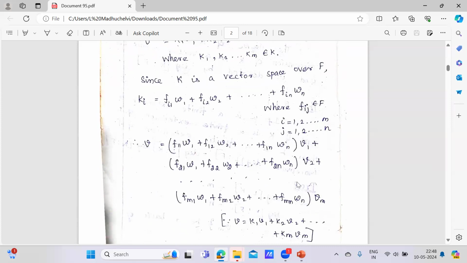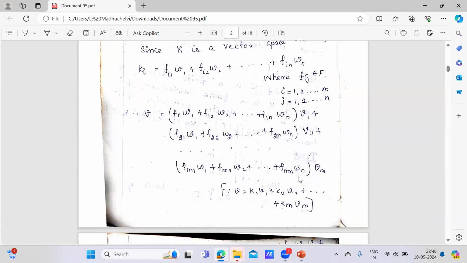Therefore, we can write V as F11 W1 plus F12 W2 plus etc. plus F1n Wn times V1, plus F21 W1 plus F22 W2 plus etc. plus F2n Wn times V2, plus etc. Fm1 W1 plus Fm2 W2 plus etc. plus Fmn Wn times Vm.